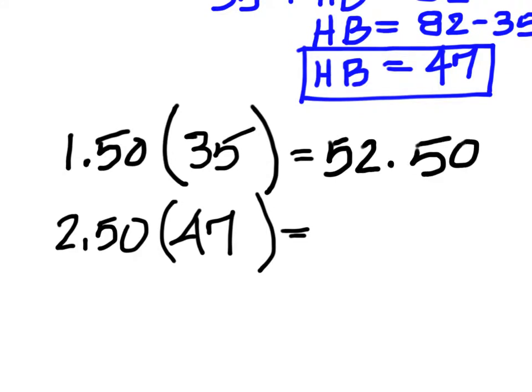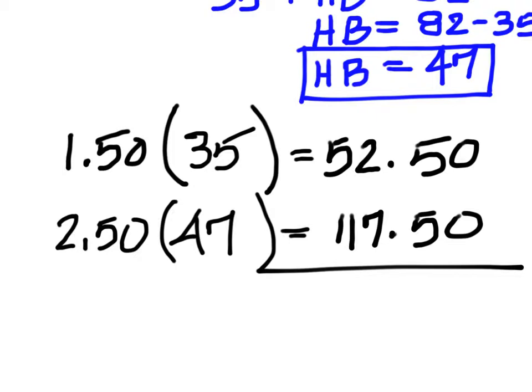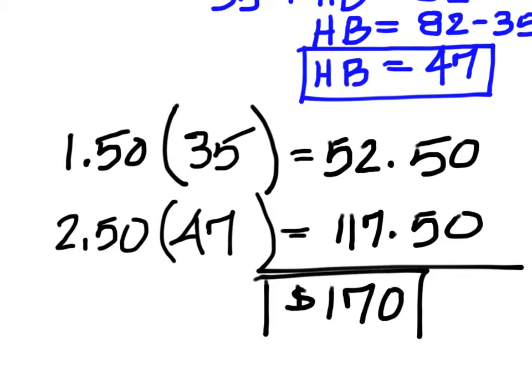And $2.50 times 47 would be $117.50. So $117.50 plus $52.50, $170 would have been what you made if you'd increased hot dogs by 25 and hamburgers by 50 cents.